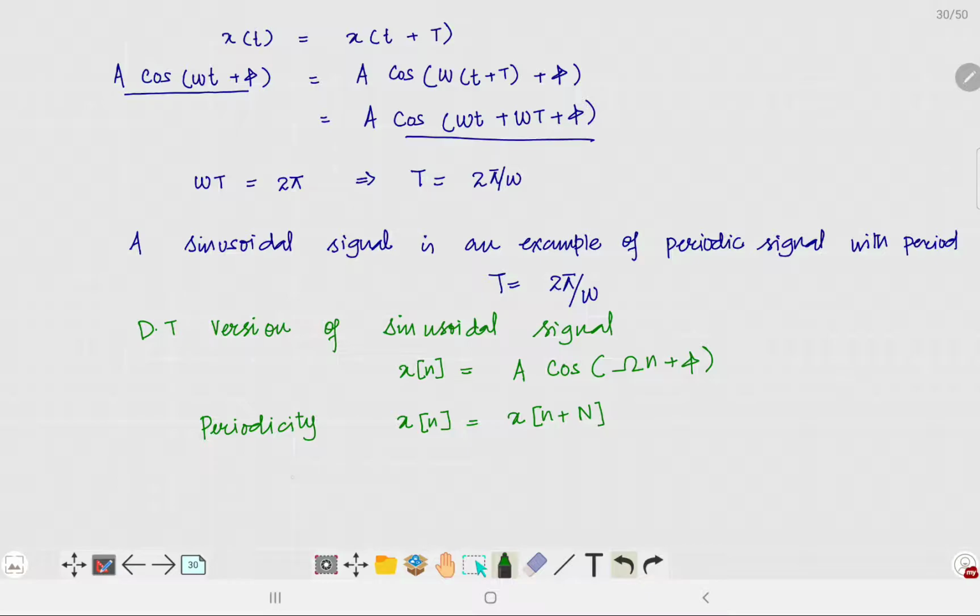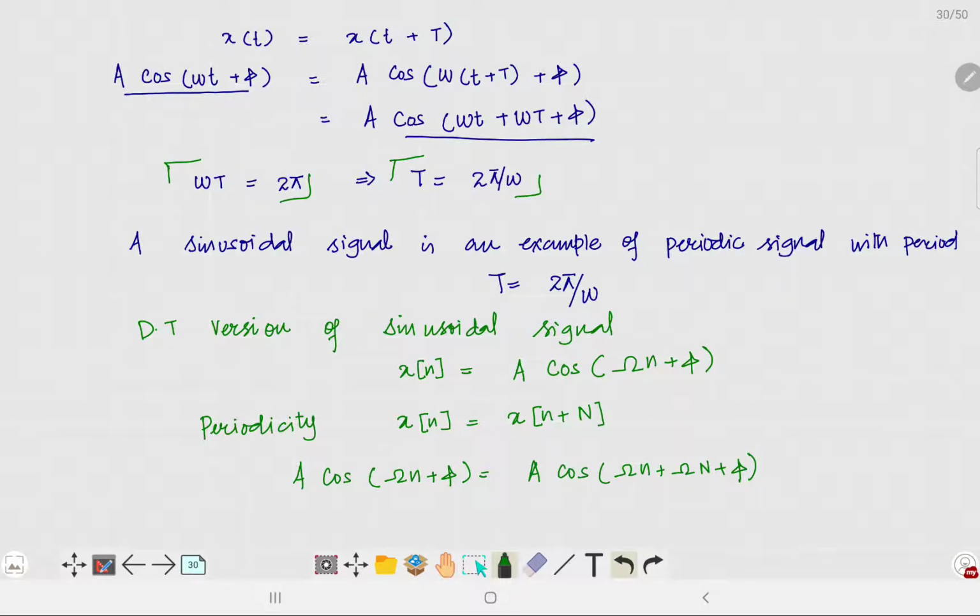If I use a similar substitution as in the continuous time case, the left hand side will be simply A cos(omega n plus phi), and on the right hand side I will have A cos(omega n plus omega capital N plus phi). But here is a condition. In the continuous case you compared these and came up with the relationship that omega T is equal to 2 pi for the signal to be periodic. But here it will be slightly modified.